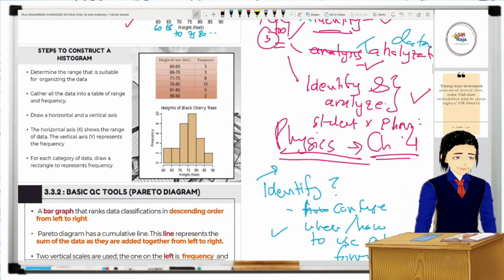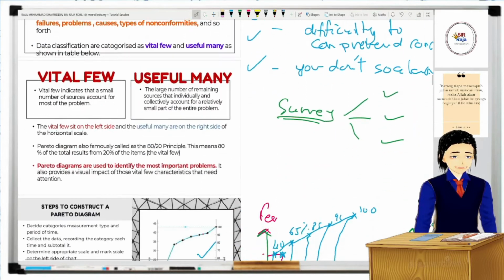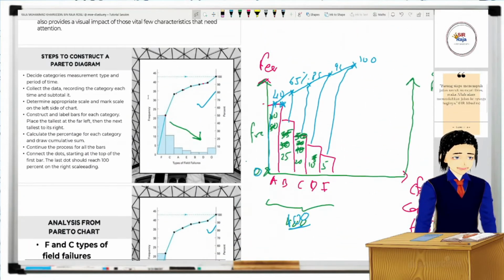So just a review. This is how a histogram looks like, and then we have looked at Pareto diagram. It looks like a histogram, but it has a specific arrangement, which is a declining formation from the biggest going downward to the lowest.